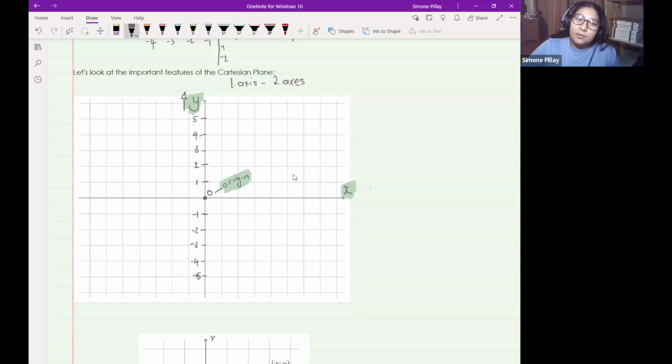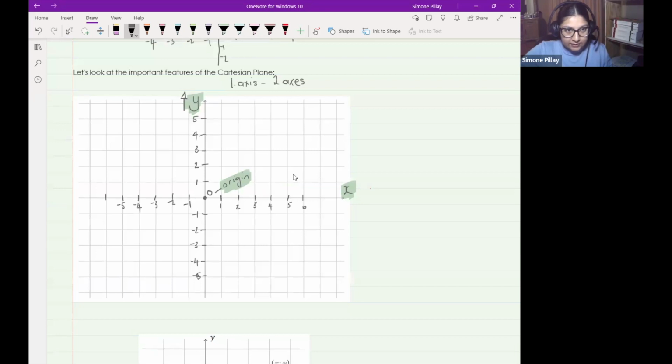And when I'm numbering my x-axis, remember, just think of it as number lines. I can go 1, 2, 3, 4, 5, 6. And we know it also has negatives. On the left of the 0 is where our negatives start at -1, -2, -3, -4, -5.